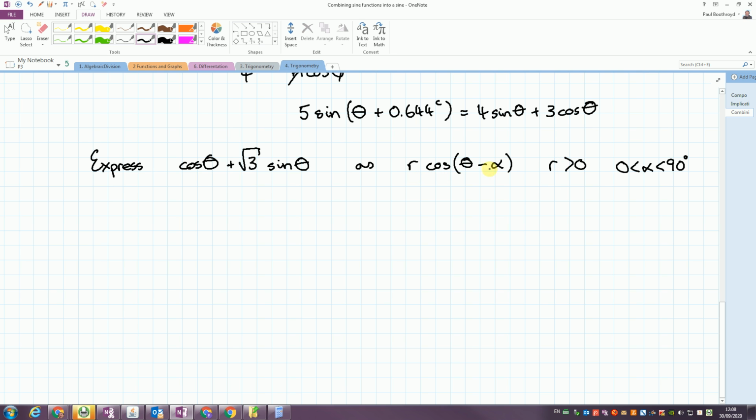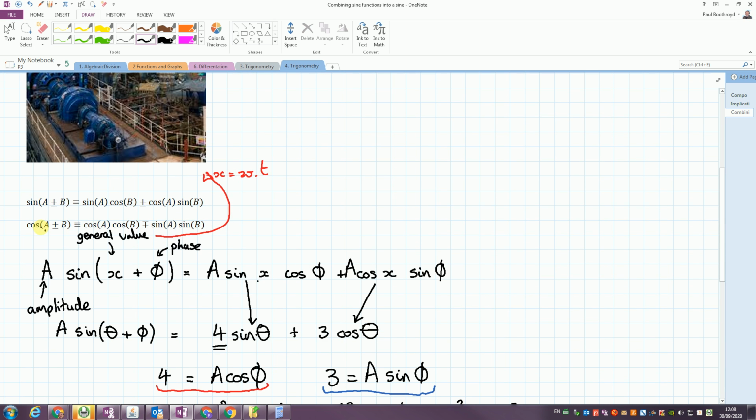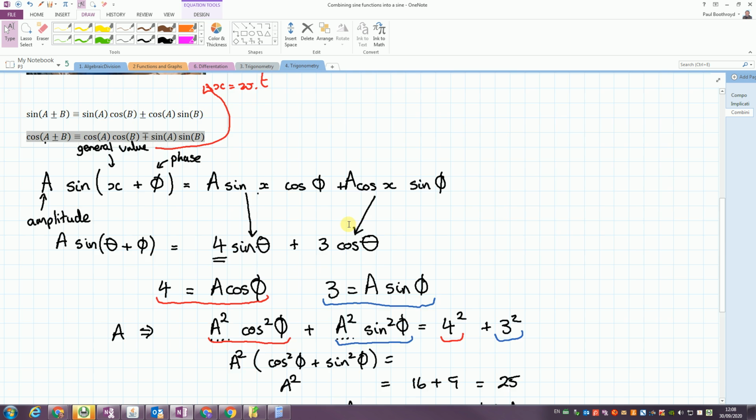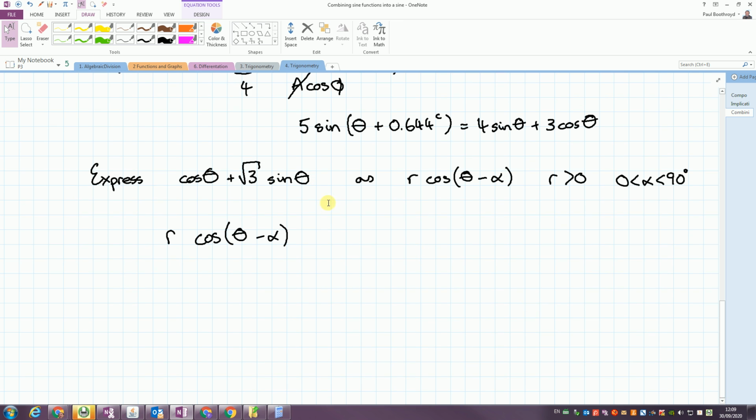So the first thing we need to do is look at the equation, and we've got it in the form of r cos(theta minus alpha). And if we borrow our identity from above, we can use that one to create this form.